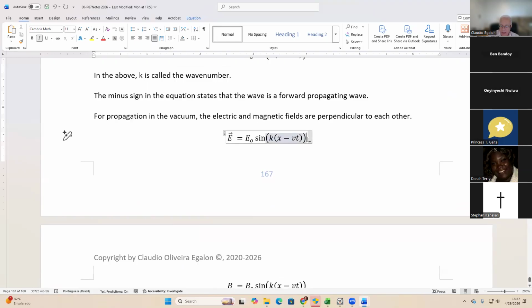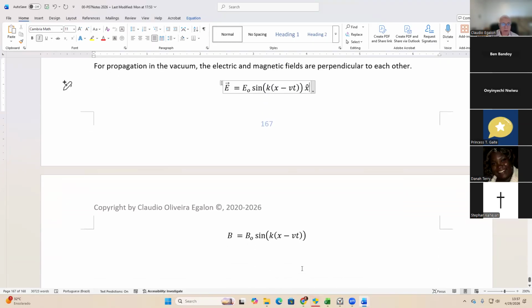So let's say this one is in the x direction. And this one here must be either in the z direction or in the y direction. Let me put it in the y direction.